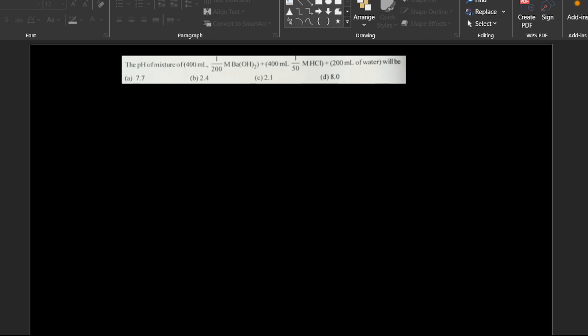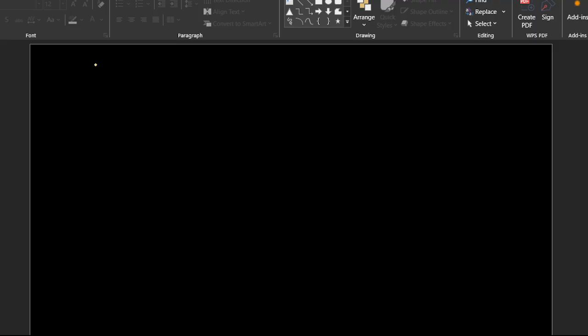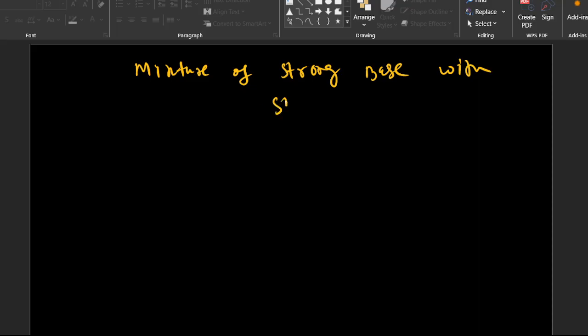So now, this is the mixture of strong acid and strong base. Now suppose we mix a strong base with a strong acid.